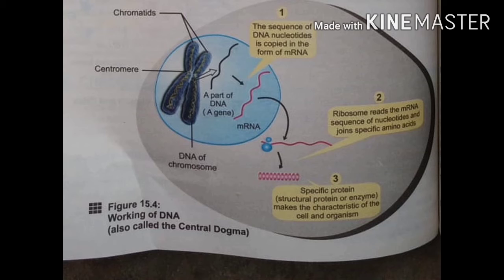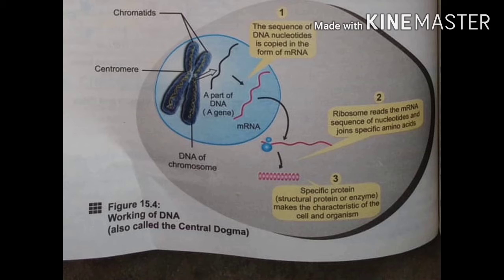So let us see how DNA is responsible for this. First step is, here you are watching, there are chromosomes, chromatids, centromere, a part of DNA, that is gene. In first step, the sequence of DNA nucleotides is copied in the form of messenger RNA.